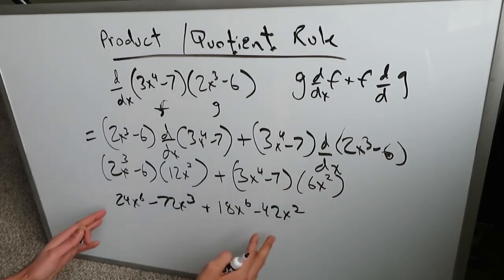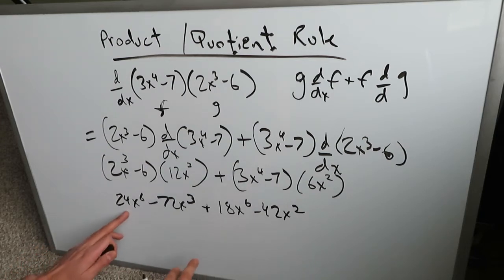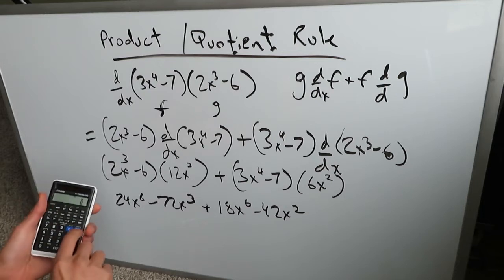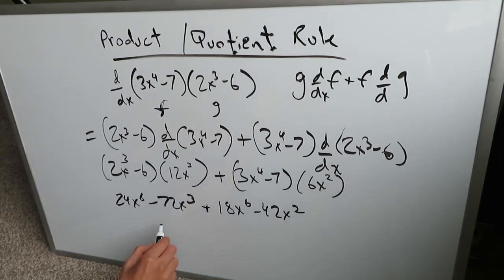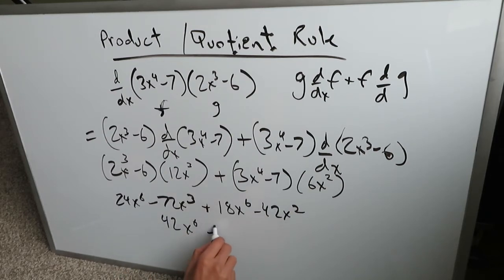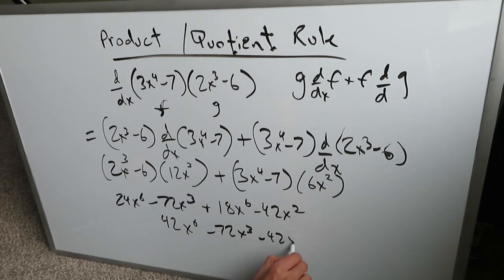Now if there are any like terms over here, you can combine them. You have a 24 and an 18. I'm a little lazy here to calculate that in my head, so let's do 24 plus 18. I get a 42. I get a 42x to the 6, minus 72x cubed, minus 42x squared.